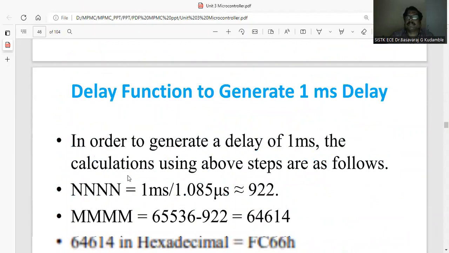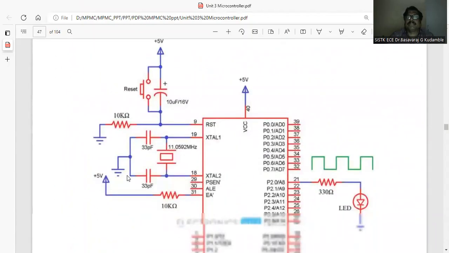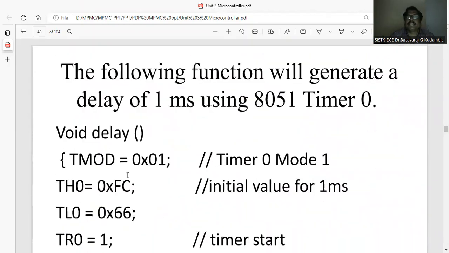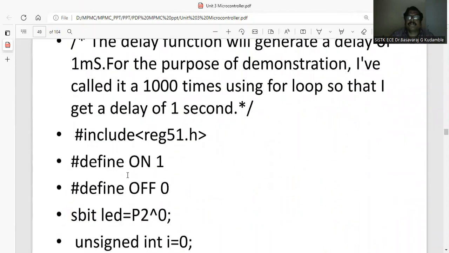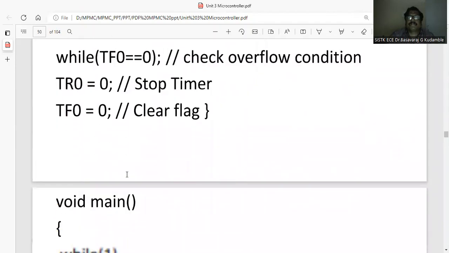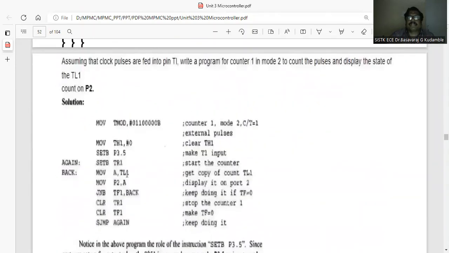Similarly, there is another example of 1 millisecond delay generation. A similar method we are using. We can also use the timer as a counter, as we said the timer can be used as a counter. So here we are using counter 1 in mode 2 to count the pulses and display on TL1.